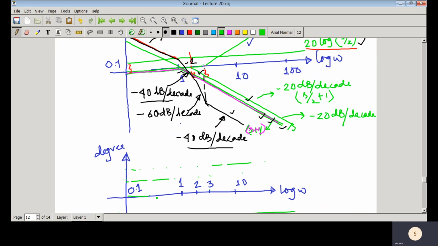Here the angle goes like that. So at the corner frequency, that would be plus 45 degree, and we can see that one decade below this and one decade above that, the slope would be 45 degree per decade.